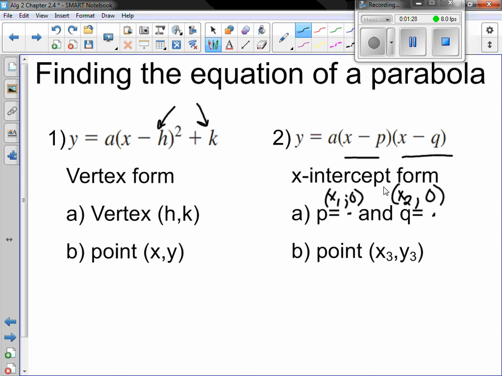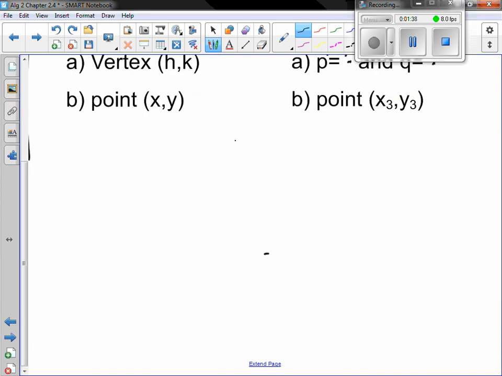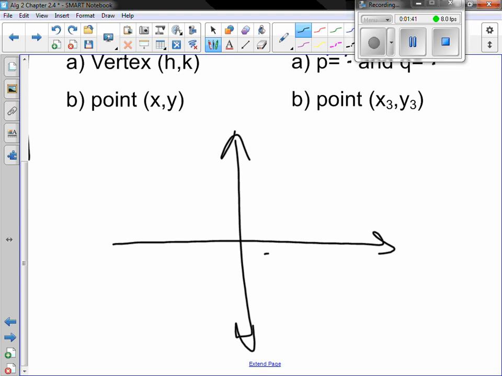Now, you're probably wondering at this point, why do we even need a point? Because that doesn't make a whole lot of sense. Well, let me give you all an illustration of this. So this here is our coordinate plane, and let's say the vertex is at 1, 0. This here is the point 1, 0, yes?